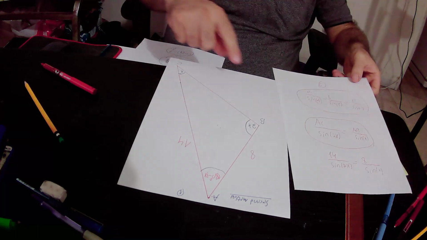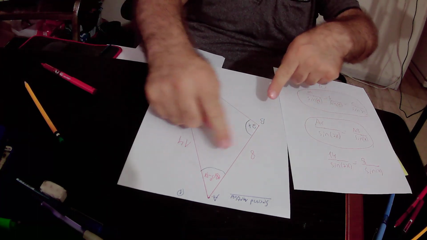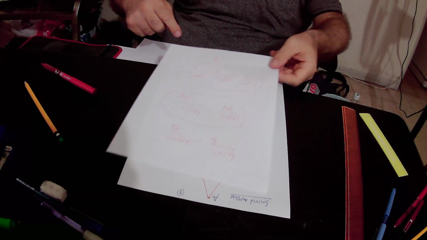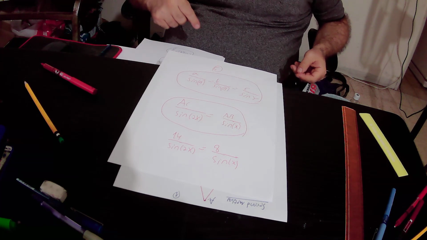But we know that AC equals 14 units and AB equals 8 units, so we can substitute AC by 14 and AB by 8.